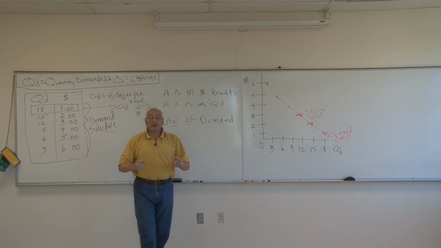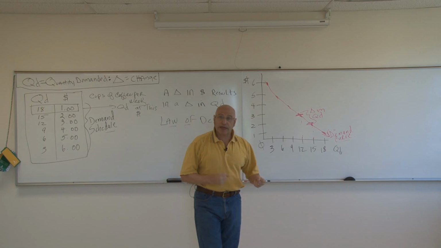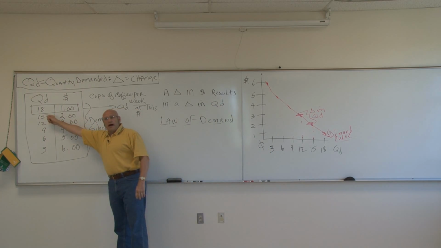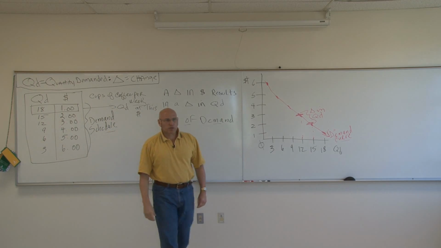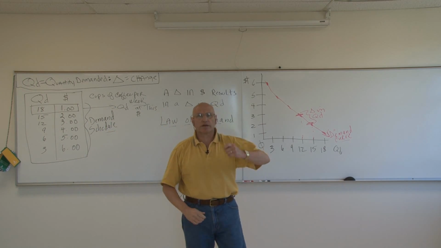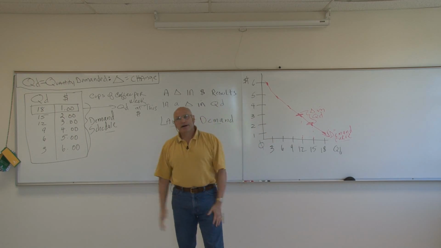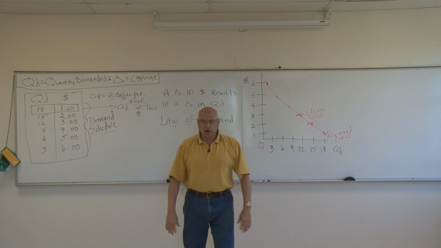And therefore, I have less income to spend on something else. So I only want 15 cups of coffee this week because I want to spend the extra money on a piece of fruit, perhaps a Danish, perhaps whatever other good you can think of.